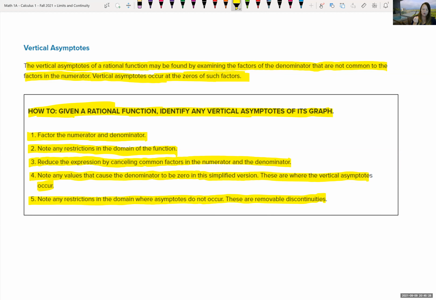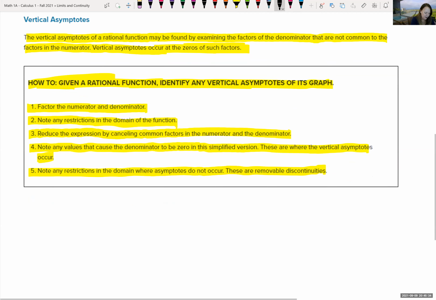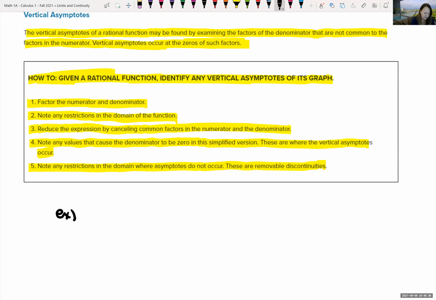Basically, let's say we have the following. Let's just start easy. y equals 1 over x. Notice that there's nothing that sets my numerator equal to 0, and my denominator is equal to 0 when x is 0.